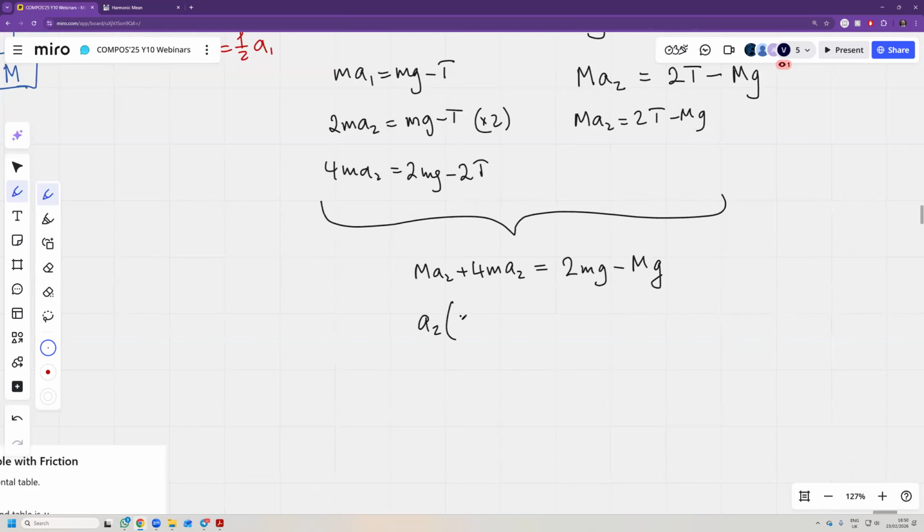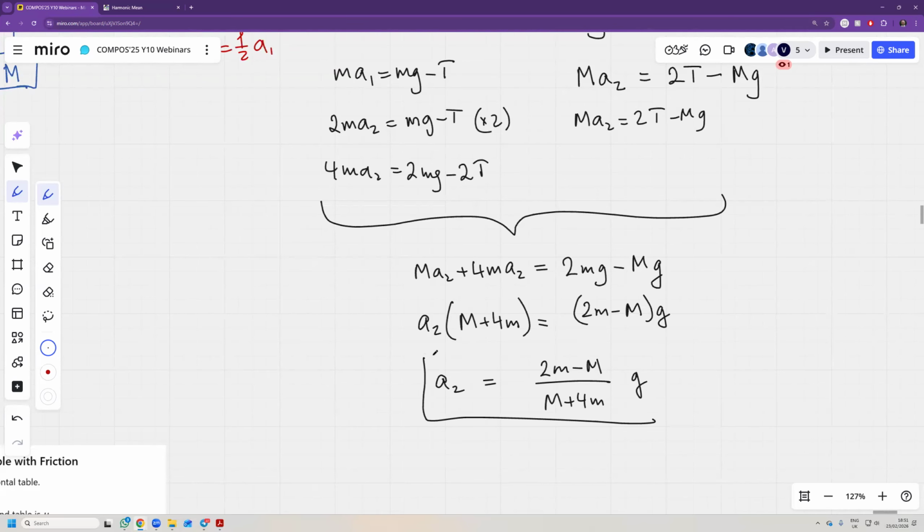A2, open bracket, M plus 4m, equals (2m minus M) g. So A2 is (2m minus M) divided by (M plus 4m), times g. Beautiful.